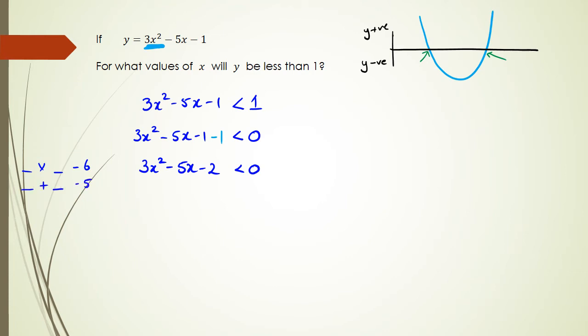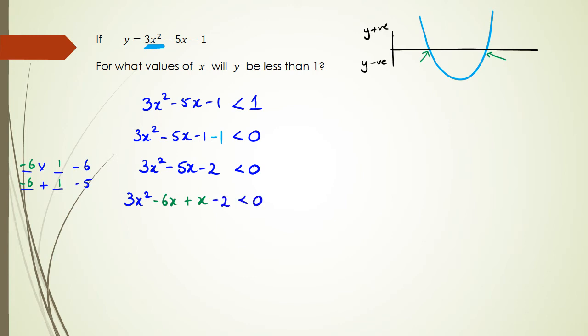My two numbers are going to be negative 6 and positive 1. Negative 6 plus 1 equals negative 5. So I'm going to split this quadratic up as 3x squared minus 6x plus 1x minus 2, and that's less than 0.